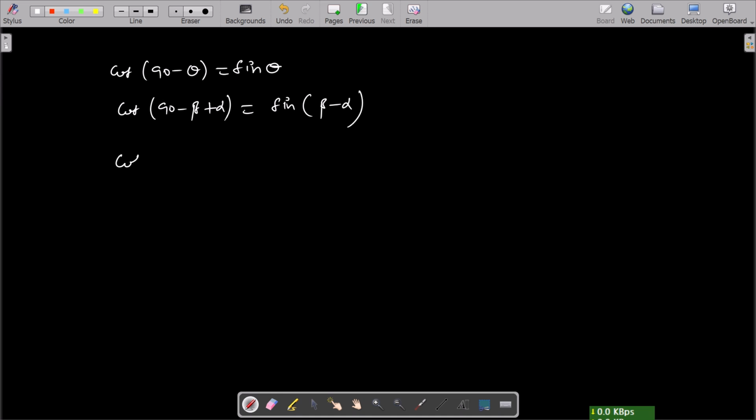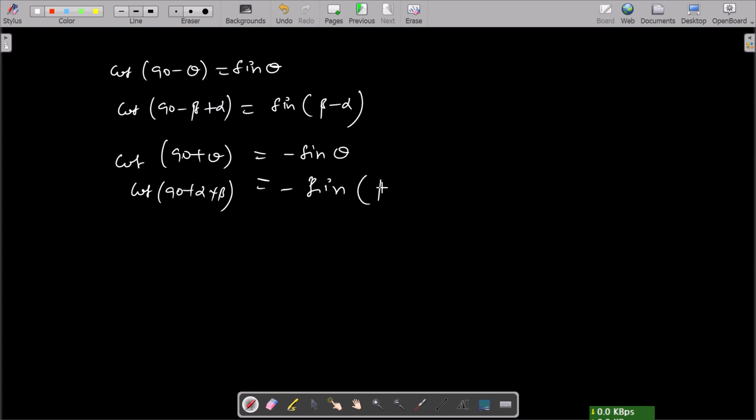And similarly cos of 90 plus theta is nothing but minus sin theta, so cos of 90 plus alpha plus beta can be written as minus sin of beta plus alpha. Okay, now we will substitute these two equations in the net torque equation.